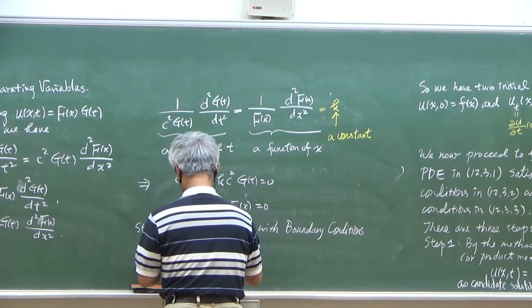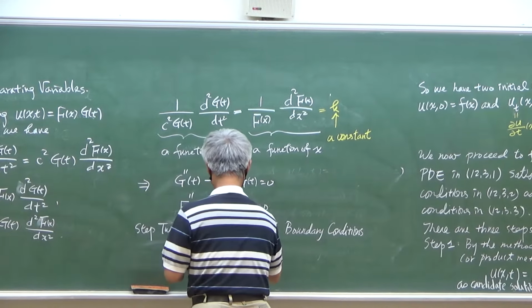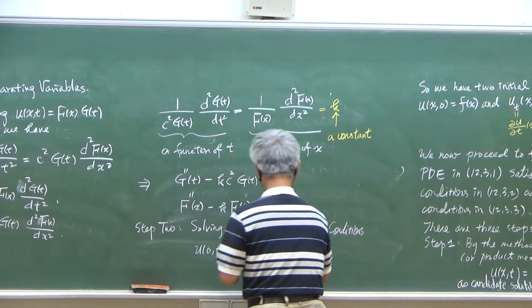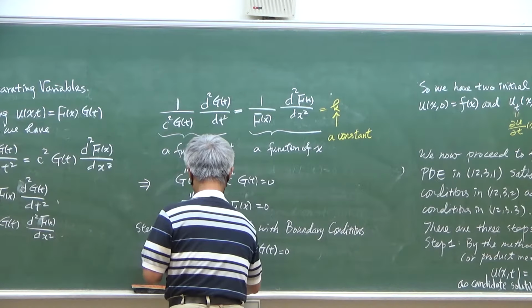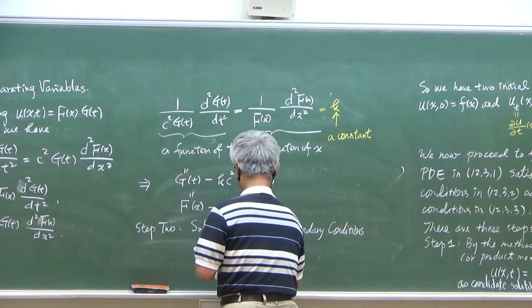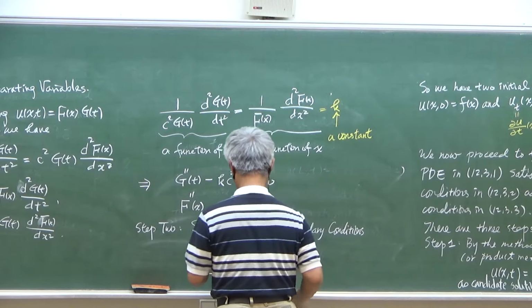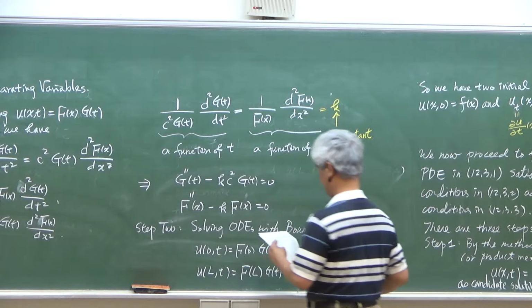So the boundary conditions are u(0,t), which is equal to f(0)g(t), equal to 0, and u(L,t), which is equal to f(L)g(t), equal to 0, for all t greater than or equal to 0.